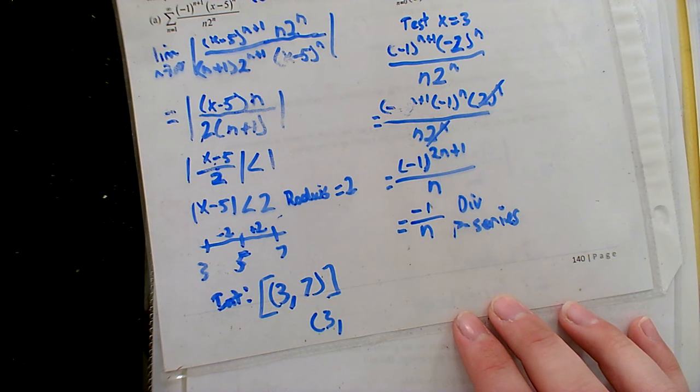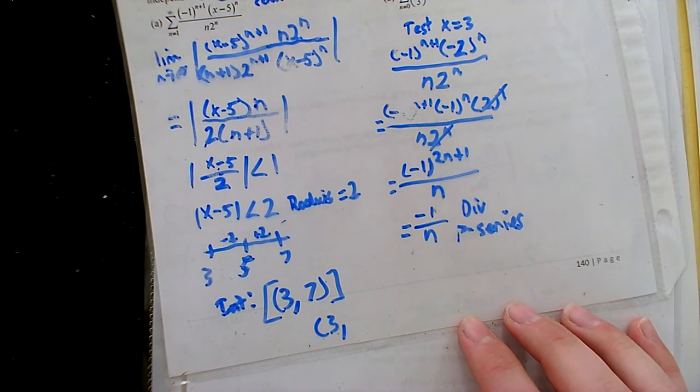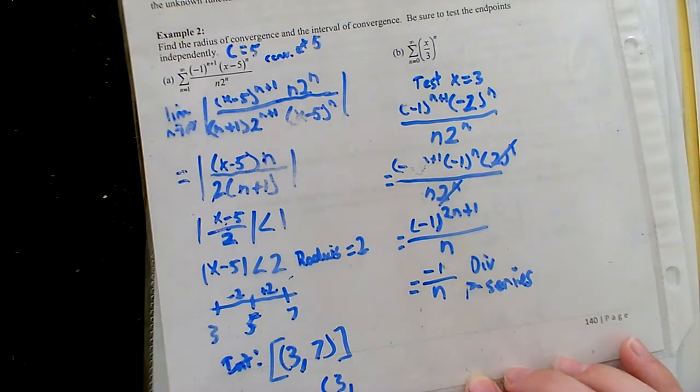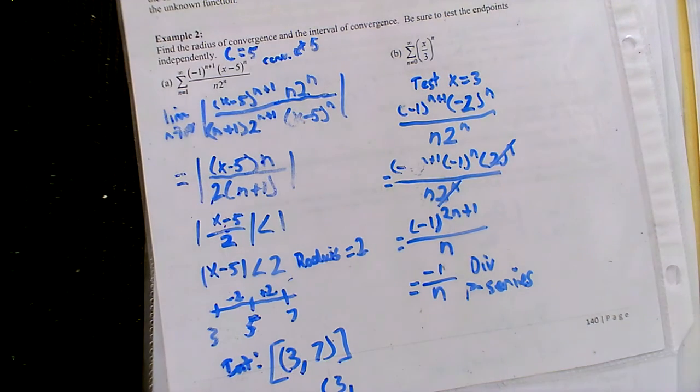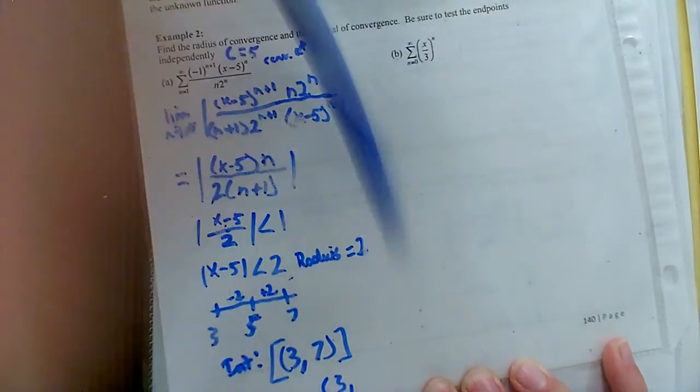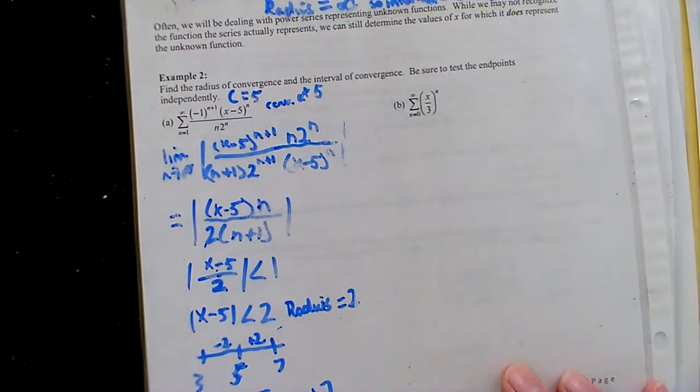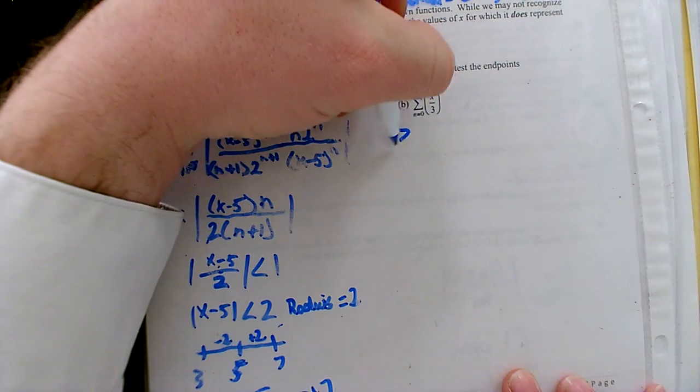So now we have to test at x equals 7. Now I'm going to erase so I have more room. Does everybody have the test for x equals 3 down? Okay. So let's test the other endpoint. We want to test 7 now.